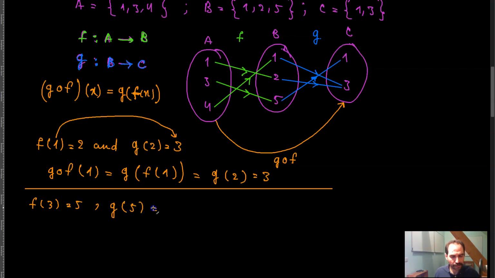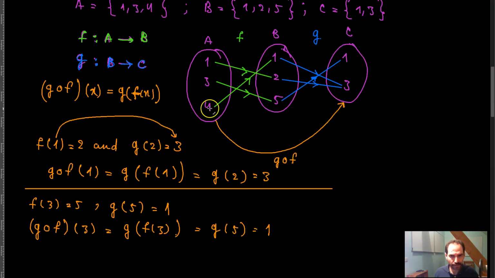Now, g∘f of 3 is the same thing as g of f of 3, right? Which is g of 5, and g of 5 is equal to 1. So you can see that g∘f of 3 is equal to 1.